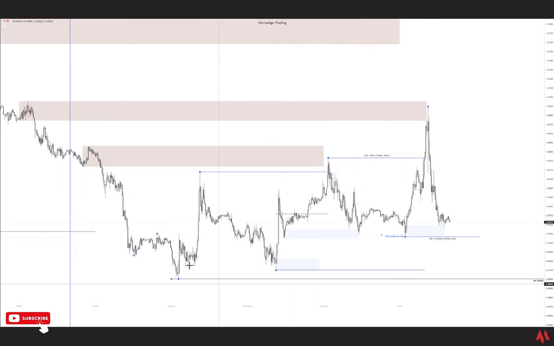But before that, this was our first 4H change of character, which is a 15 minutes break of structure, and we also got another 15 minutes break of structure, which confirms that we are bullish on the 15 minutes.